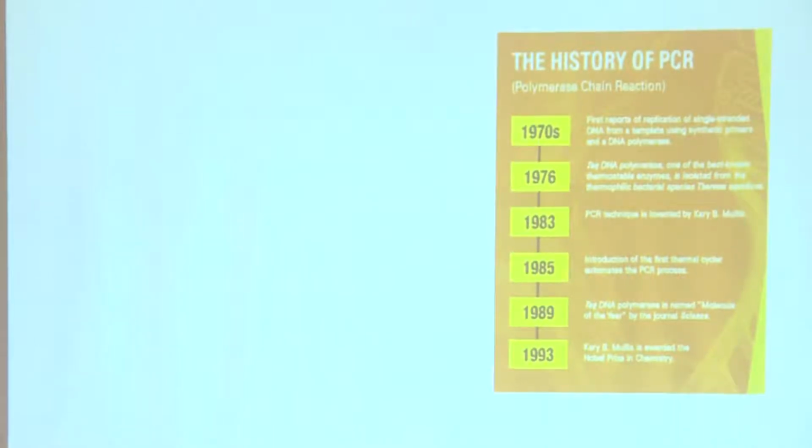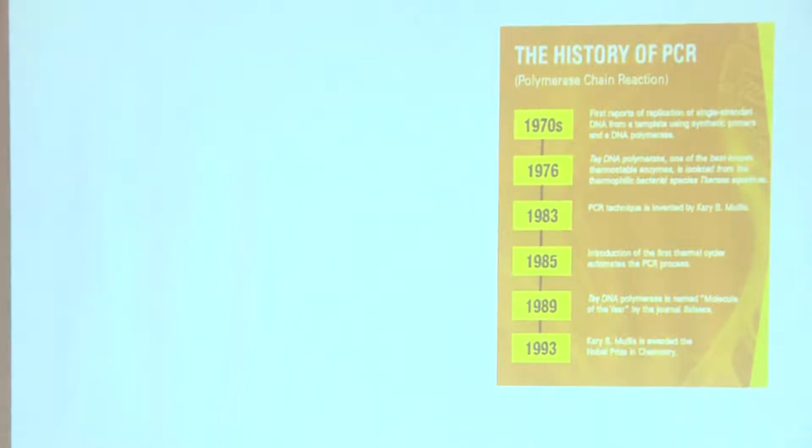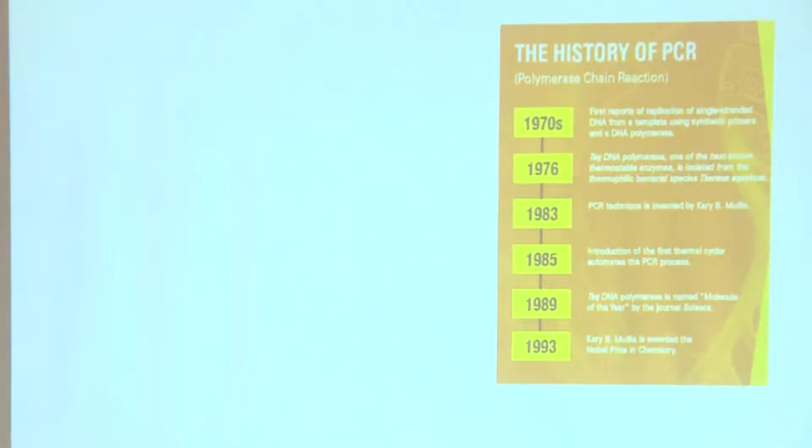Okay. Whatever they believed or expected has happened after 1989. It changed biology once and for all. In 1993, Kary Mullis was awarded the Nobel Prize for his invention, the polymerase chain reaction.